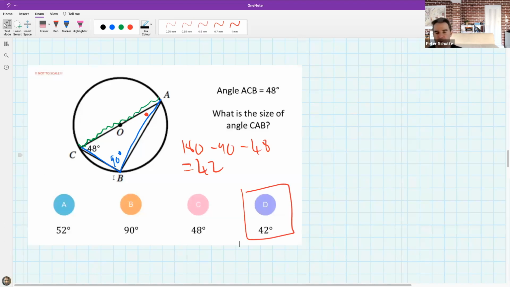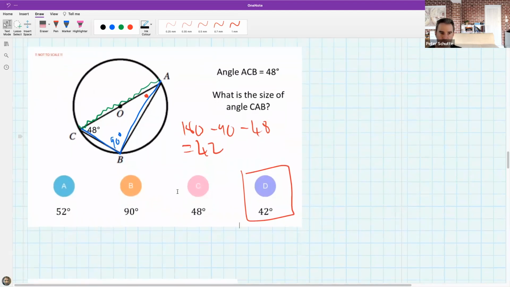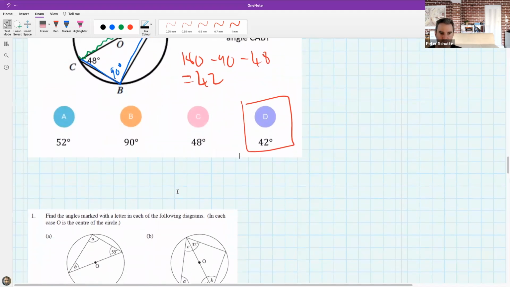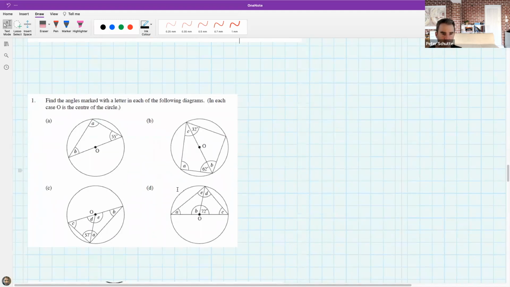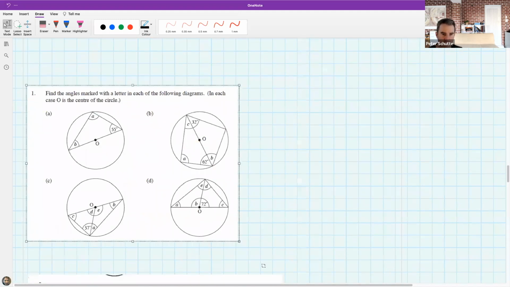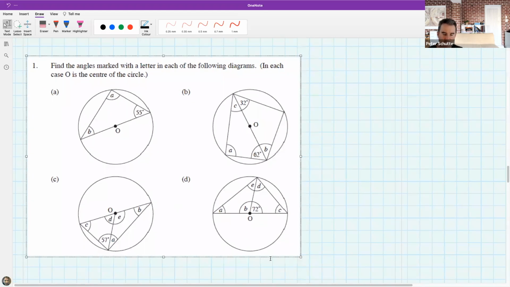So this theorem is not nearly as complicated as the first one I showed you. And it does look to me like you guys are doing well. This is often called the angle in a semicircle theorem. And so that is that.